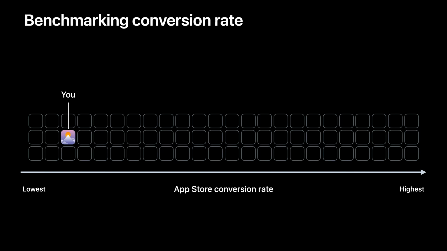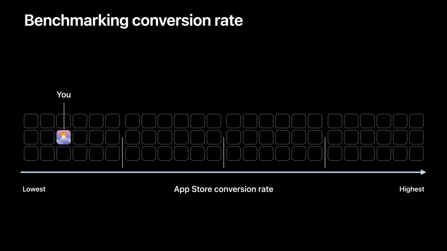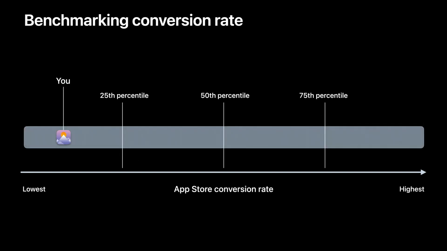And in order to show your relative position, we show you what the distribution of your peer group looks like, such as the 25th, 50th, and 75th percentiles of your group. You will then be able to see how you are performing relative to your peer group and understand whether you have growth opportunity or whether you're already beating the competition.